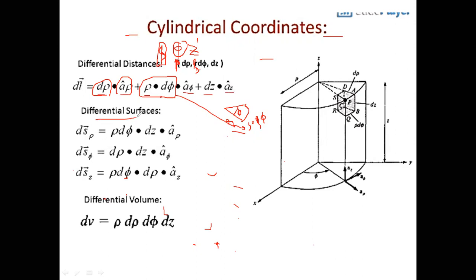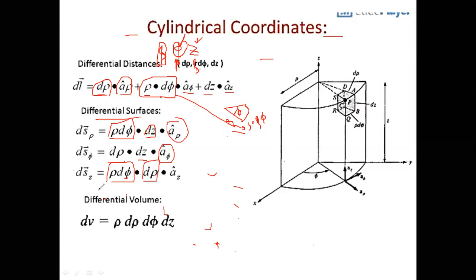Okay. So the differential surface along a rho will be rho d phi, meaning the length of this side, and the length of the other side will be dz. Now the surface along a phi will be d rho and dz. Multiplying d rho and dz, we get ds phi. For dsz, this is the length of the phi side, and the length of the rho side will be d rho.